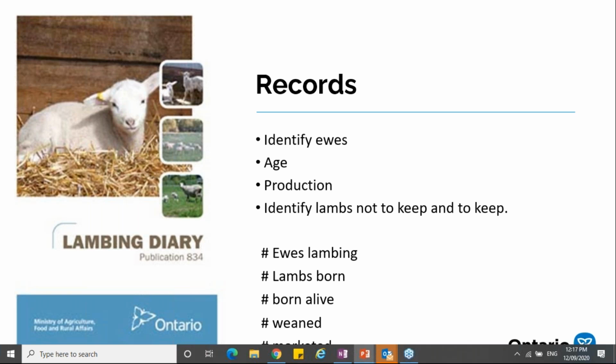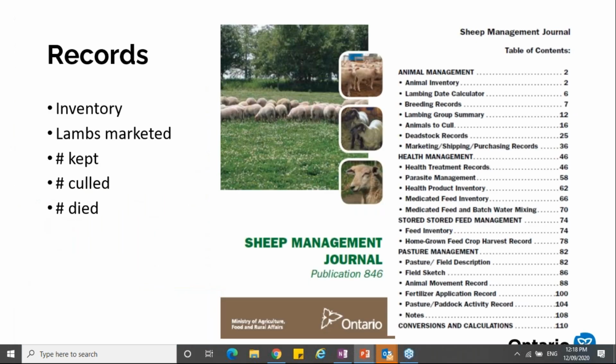But you also need some information on how you are going to compare animals, this individual animal, to what the average of the group has done or what the average of the flock is. And so for that, we have a sheep management journal. This keeps basic management records in one place for the year.